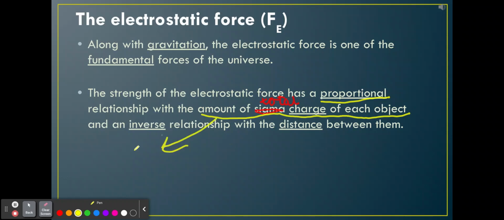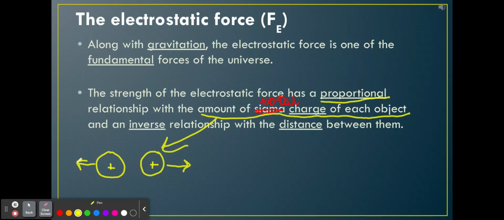If I have, let's say, a really strong magnet, and this magnet is near another really strong magnet, these two magnets are going to be really hard to force together, because they want to spread apart. So these both have really, really big charges.